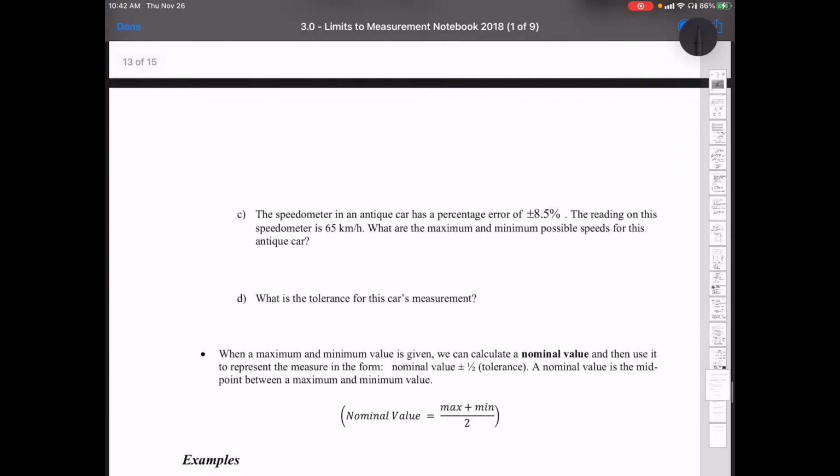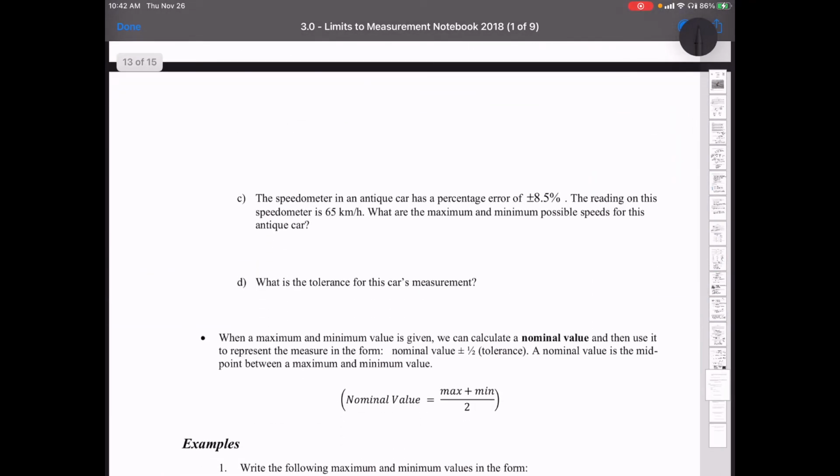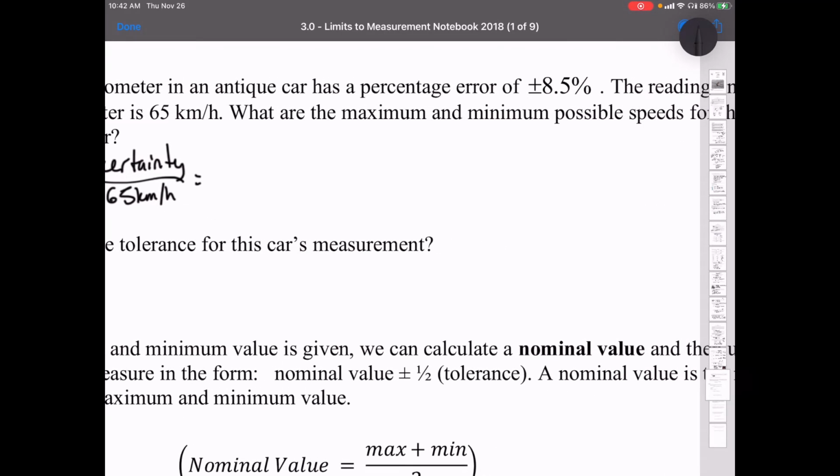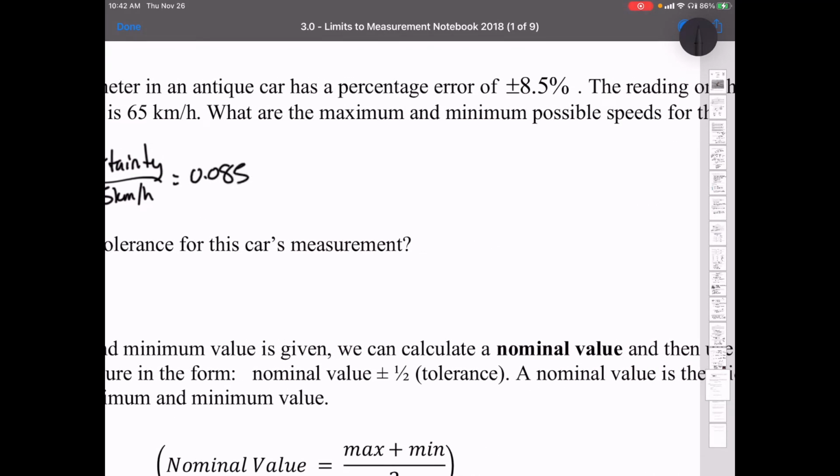Okay. Next one, the speedometer in an antique car has a percent error of 8.5%. The reading on this speedometer is 65 kilometers an hour. We want to figure out the maximum and minimum possible speeds for this antique car. So this is the exact same thing as what we did before. The uncertainty over 65 kilometers an hour is our percentage error, or 0.085.